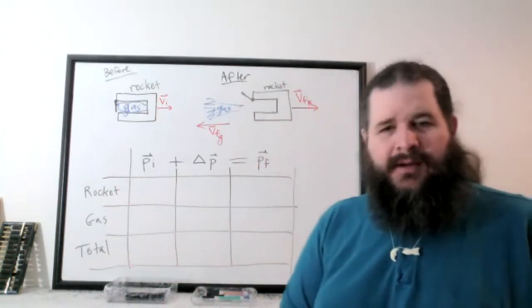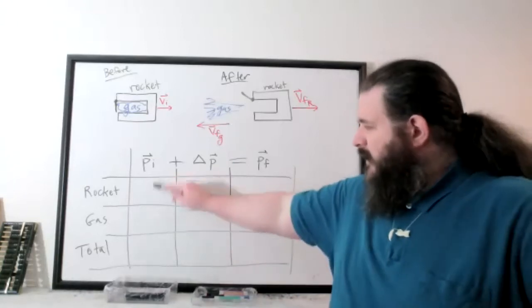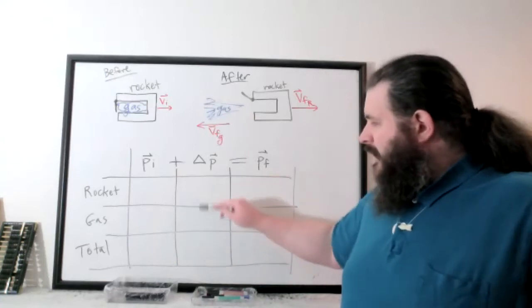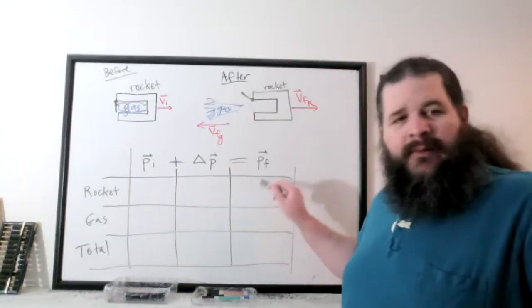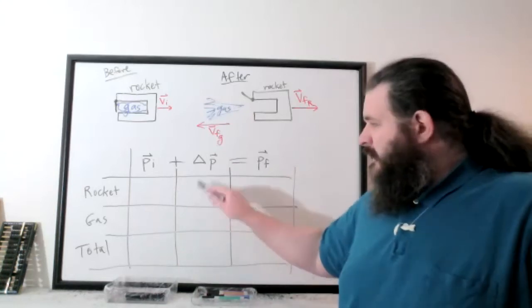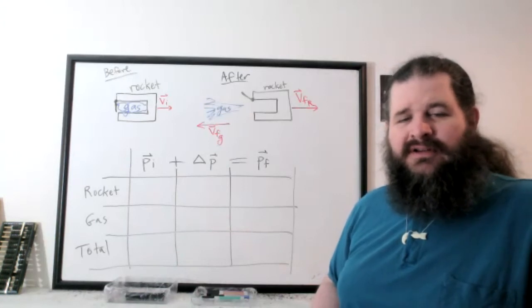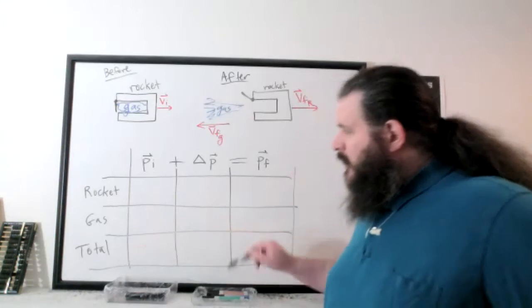So this is typically how we're going to set up the momentum chart or momentum table. We're considering the initial momentum of everything, the final momentum of everything, and then how much the momentum is changing. Usually the final momentum is what we most care about, but it's often useful to fill in the changes as well to figure out what's going on during the actual collision or during the interaction. You're always going to want to include a total row.